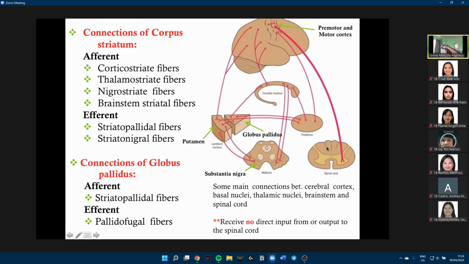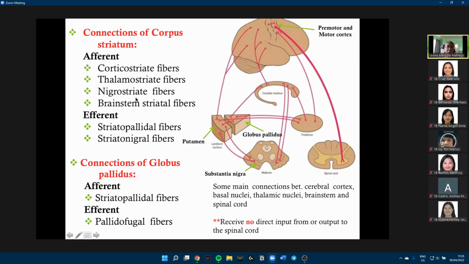But as you can see in the picture, only through the cerebral cortex can we get to your spinal cord. So no direct relationships with the spinal cord here. So these are the connections of your corpus striatum as well as of your globus pallidus.